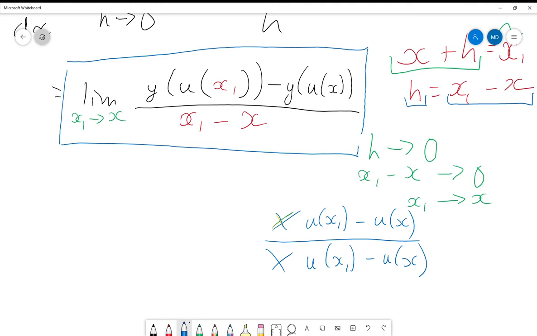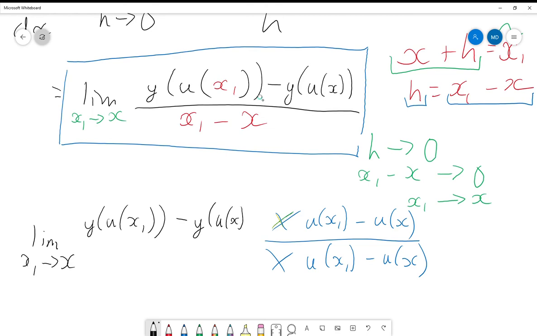And now, let's see what happens. Well, we're going to get the limit as x1 tends to x of y of u of x1 minus y of u of x all over x1 minus x, and then all multiplied by this extra bit on the end.